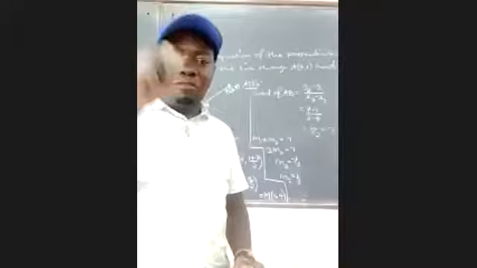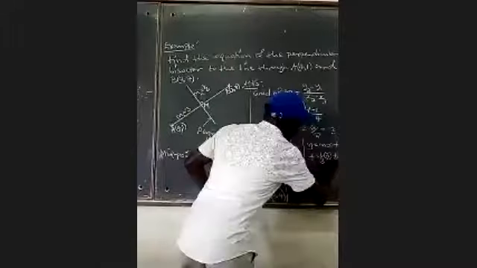We are now using y is equal to mx plus c. Very good. The point we are using is this M, which is this. We substitute: 4 is equal to a third times 3 plus c.